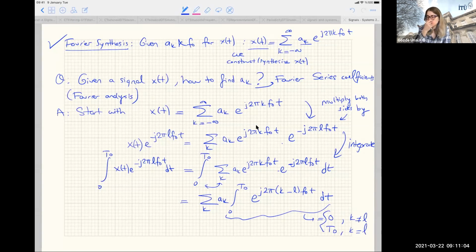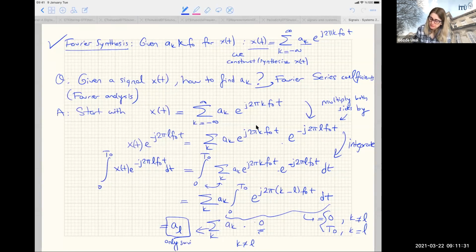You see, we're using both properties here. In the end, I would have 0 from multiplying ak for all k other than l. So I'm left with al. This is the only surviving term, because it's the only non-zero one: al times T0, of course.